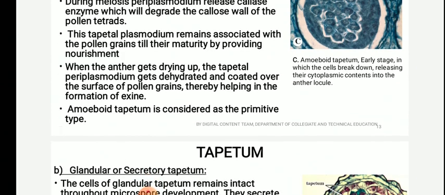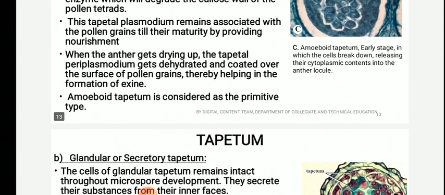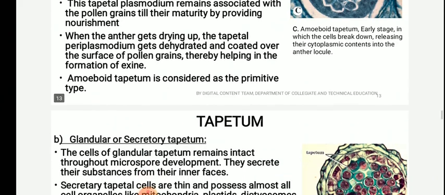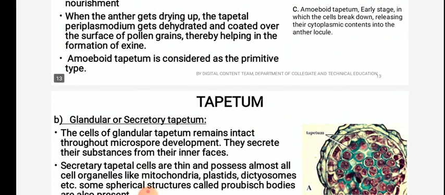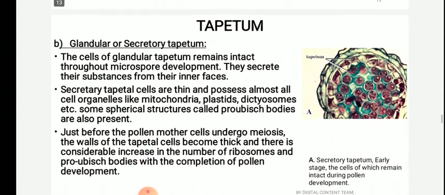This tapetal plasmodium remains associated with the pollen grains till their maturity by providing nourishment, and when the anther dries up, the tapetal periplasmodium gets dehydrated and coated over the surface of pollen grains, thereby helping in the formation of exine. Amoeboid tapetum is considered the primitive tapetum.